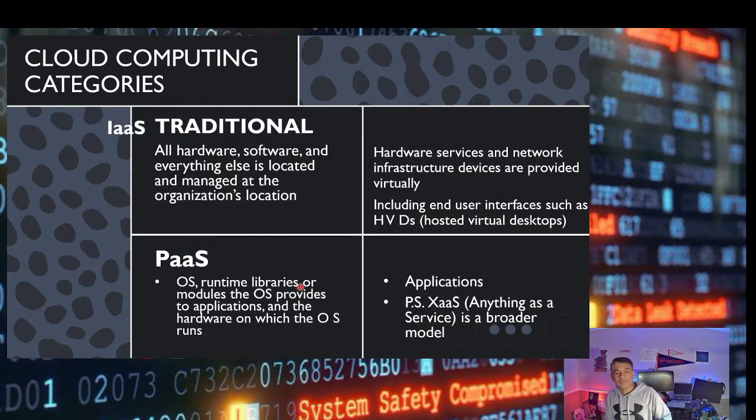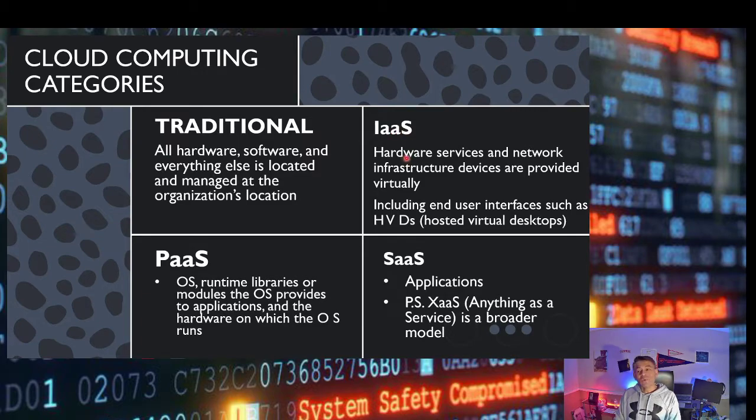Now, there are 4 different cloud computing categories. The first one is the traditional one. All hardware, software, and everything else is located and managed at the organization's location or data center. This is the traditional setup. The second one is infrastructure as a service, IaaS.